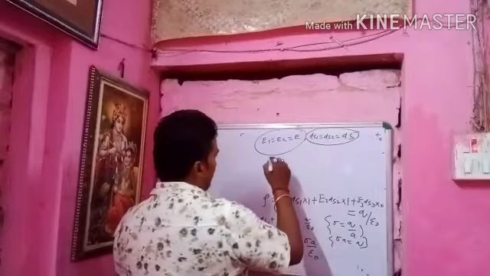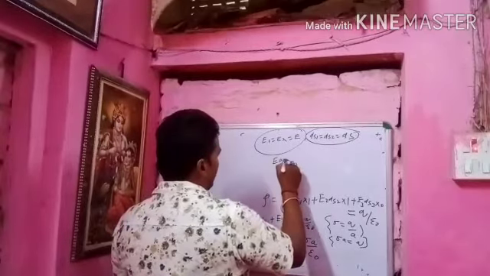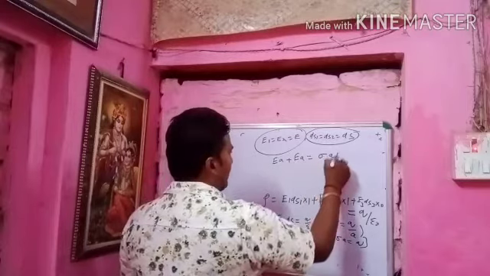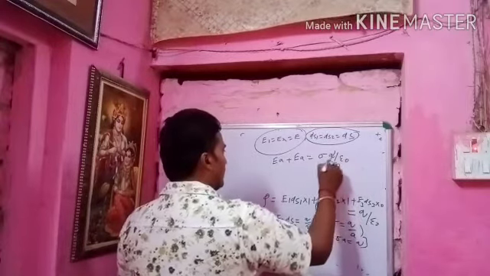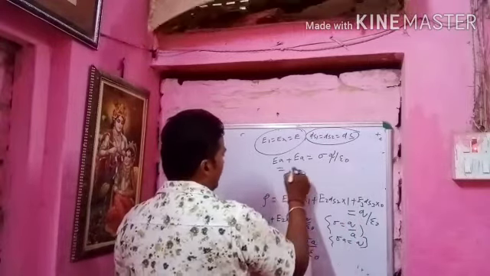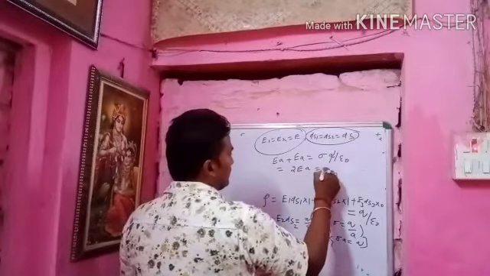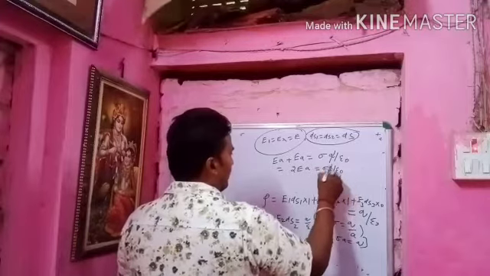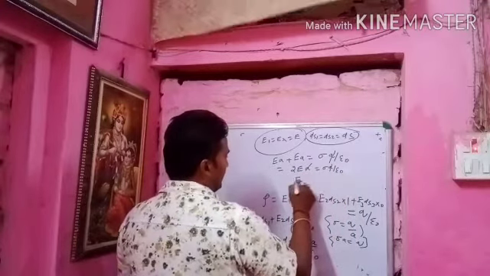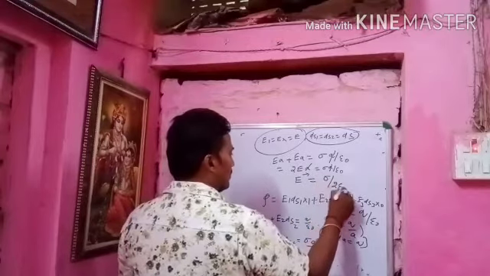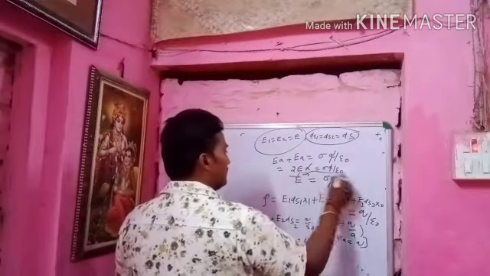Afterward the relation is EA plus EA is equal to σA upon ε₀. A is cancelled from A. Now the component 2EA is equal to σA/ε₀, then electric field strength E is equal to σ upon 2ε₀.